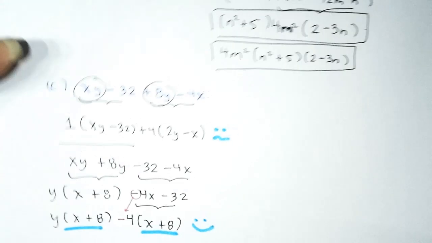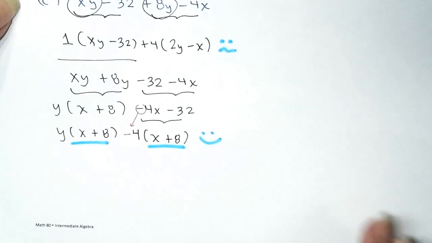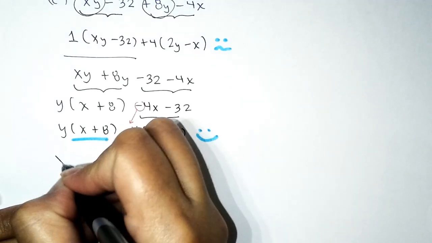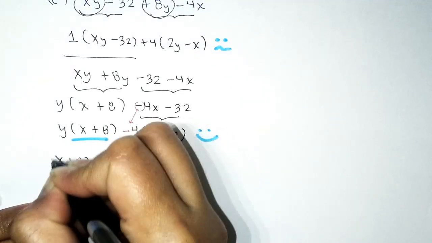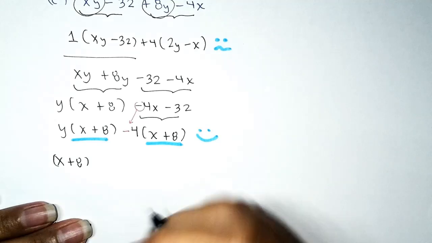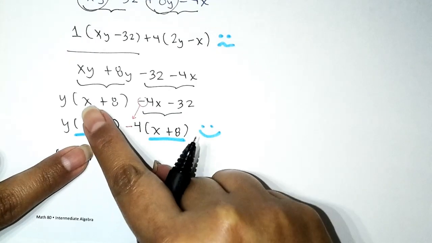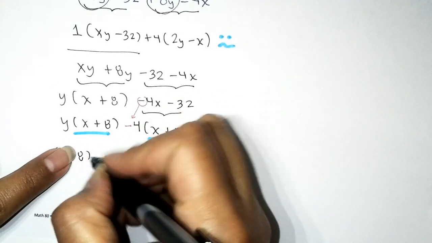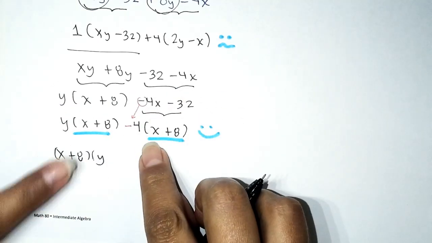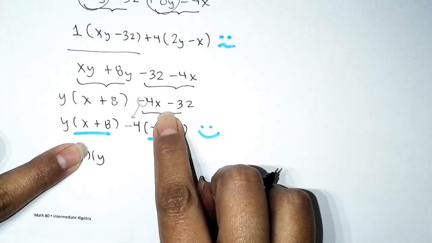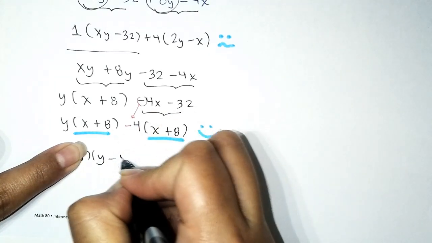Okay, now that the binomial factors match, let's go ahead and follow procedure. Let's factor out the binomial factor. So we'll factor out the GCF of x plus 8 and then show the reader what we're left with. First product over GCF, the binomials cancel, and that will leave us with y. Second product over GCF, the binomials cancel, so that will leave us with minus 4.